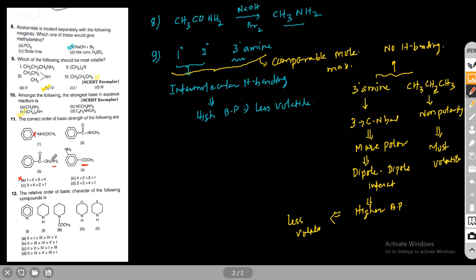Okay, in this, can you tell me the lone pair that we have here, is this involved in resonance with this double bond O? Yes or no? Tell me. Is this lone pair involved in resonance with this double bond O?